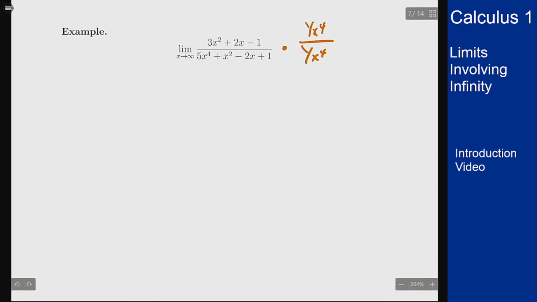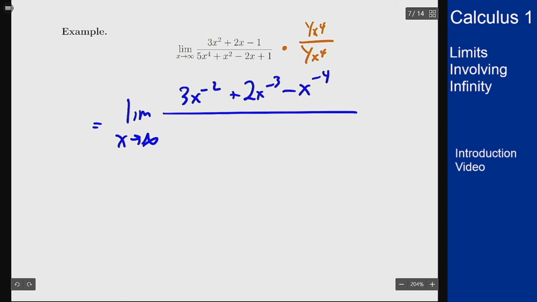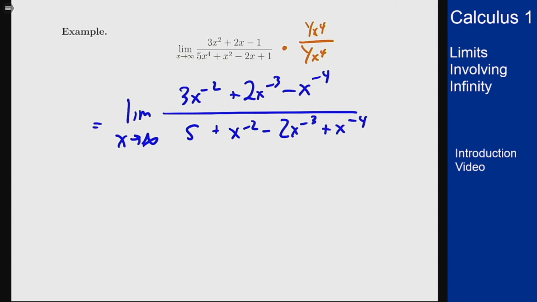If I do that, I will see limit x goes to infinity, 3x squared divided by x to the fourth is 3x to the minus 2 plus 2x to the minus 3 minus x to the minus 4 divided by 5 survives by itself because fourth and fourth, plus x to the minus 2 minus 2x to the minus 3 plus x to the minus 4. And I want to push the limit through. I'm allowed to do it now because what happens?